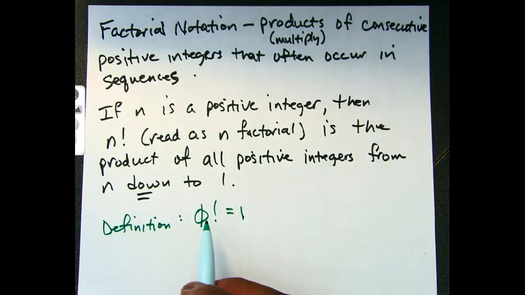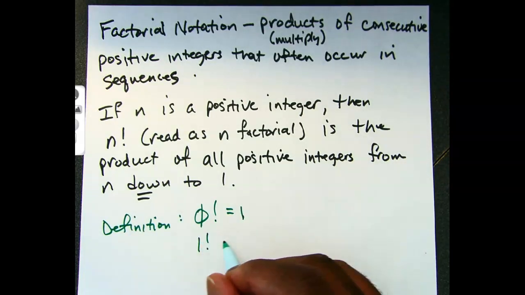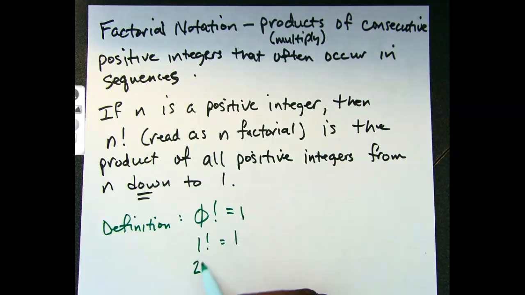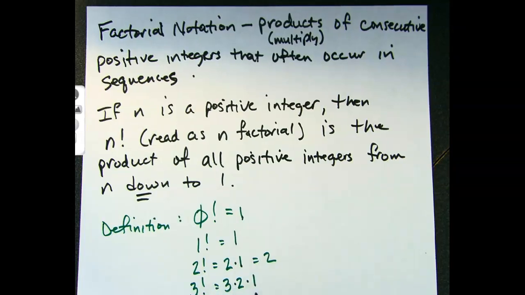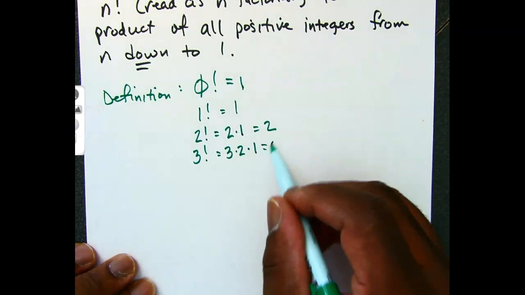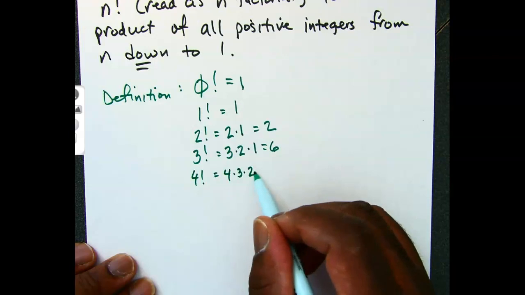That's our definition. 0 factorial is equal to 1. 1 factorial is equal to 1. 2 factorial is equal to 2 times 1. So we start at 2, and then we go down to 1. So 2 times 1, so that's 2. 3 factorial is 3 times 2 times 1. So we start at 3, and then we go down to 1. So that's 6. 4 factorial, 4 times 3 times 2 times 1.